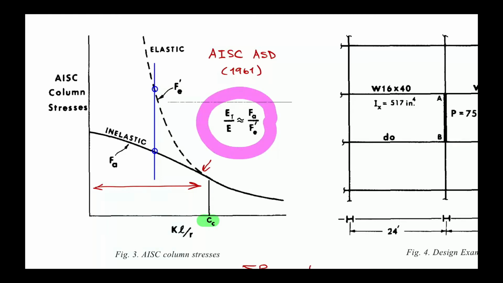The E subscript T to E is equal to F_a over F prime E. And then what you need is the ET. So it is estimated by the ratio F_a over F prime E times E, and you know that this ratio is always less than 1.0, because if you are on the left-hand side of this point, you better get less than 1.0.